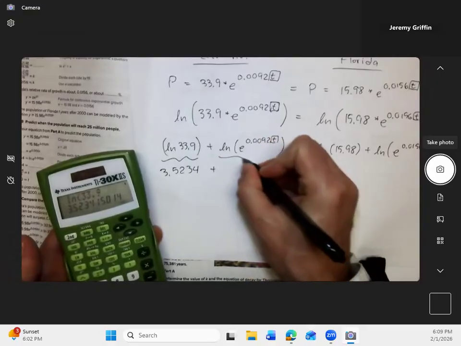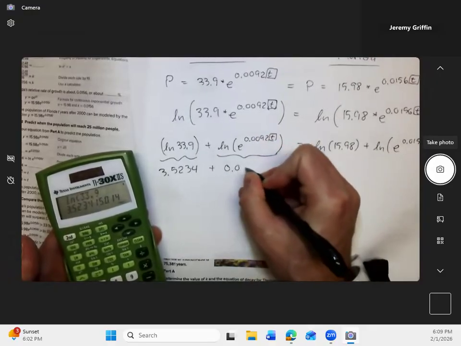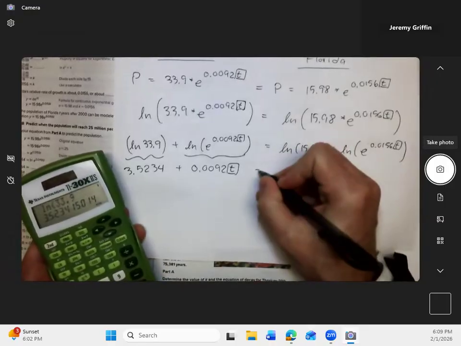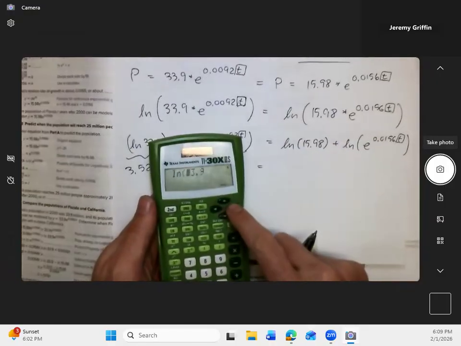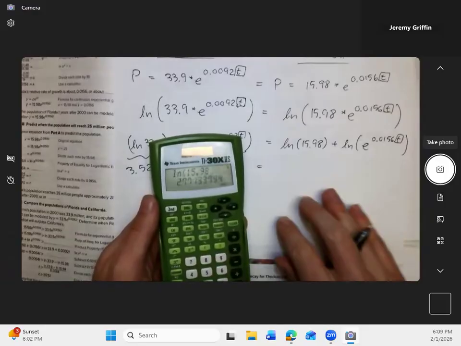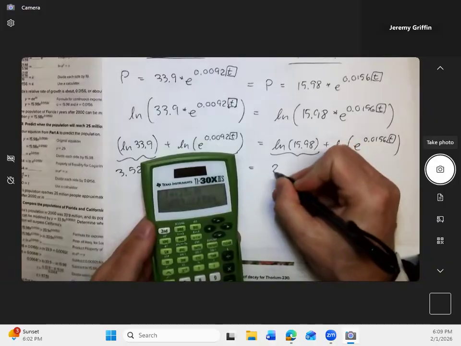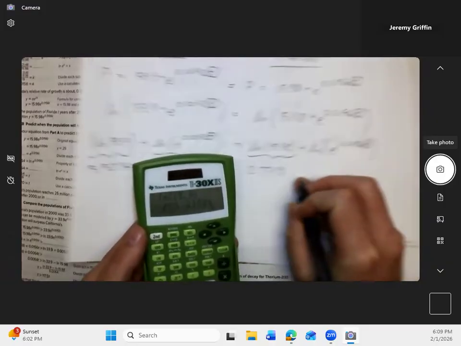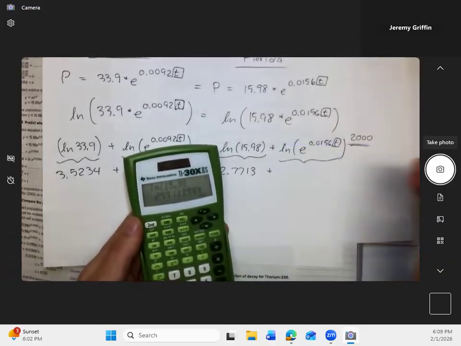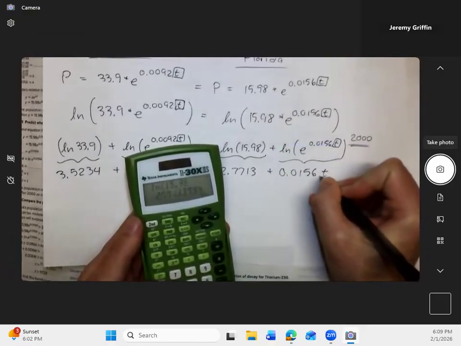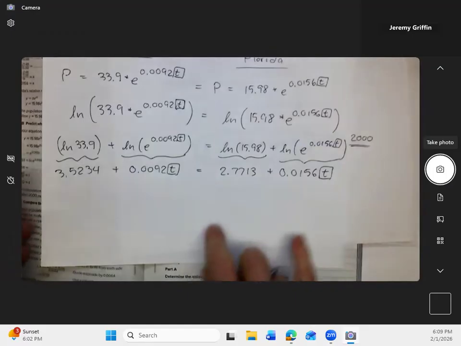This right here simplifies to 0.0092t, exponents are gone, equals, what is natural log of 15.98? We're looking at 2.7713. And then this again, the exponent drops down, 0.0156t.